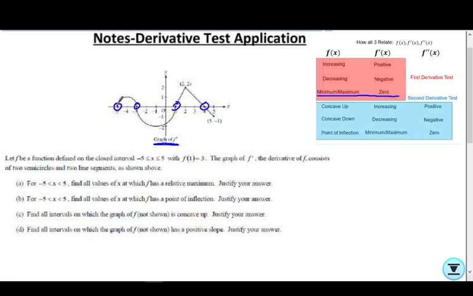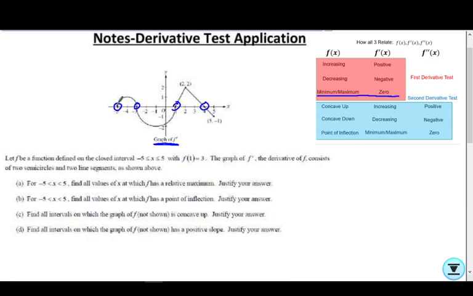Okay, because for them to be critical points, they have to be zeros, and for them to be relative minimums or maximums, they have to change sign on either side. Okay, so for it to be a maximum, right? So we're thinking about going back to our first derivative test.